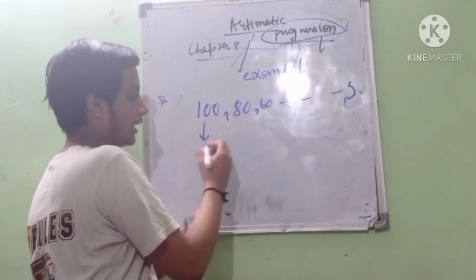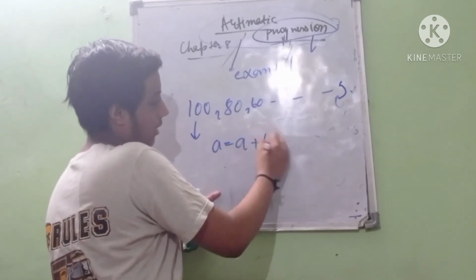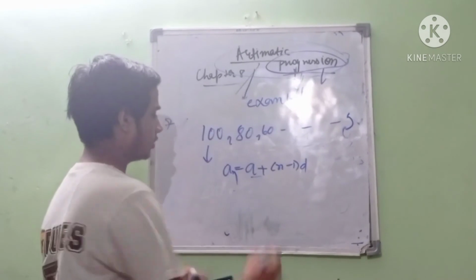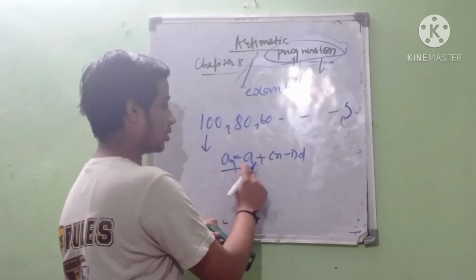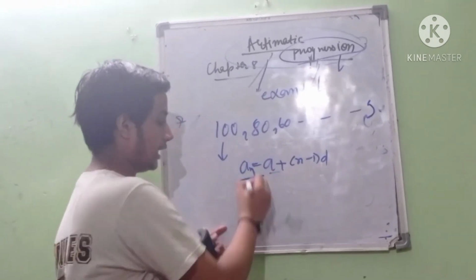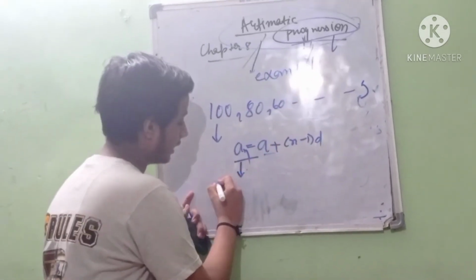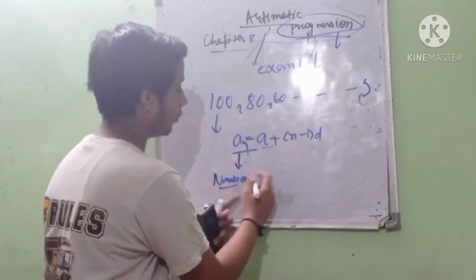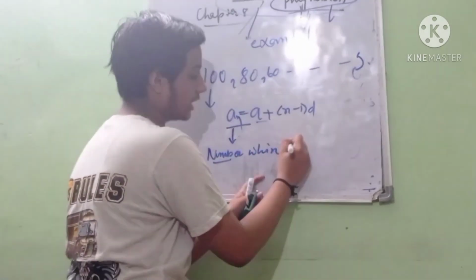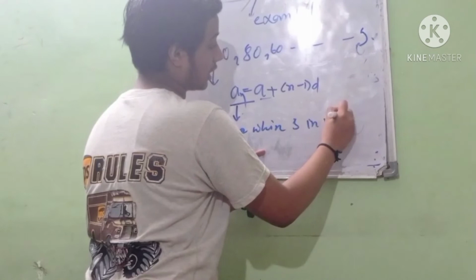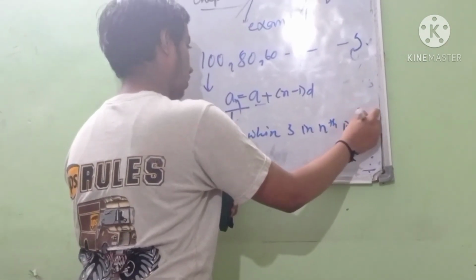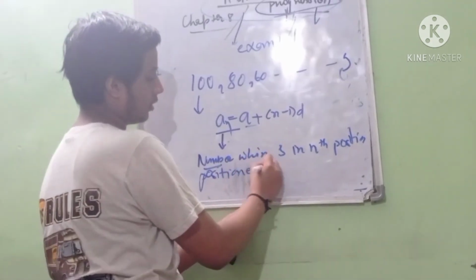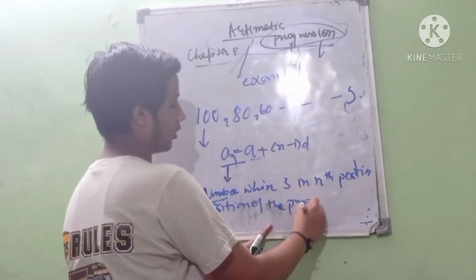So there is a formula, that is an is equal to a plus (n minus 1) d. Oh, you would be thinking. Let's start. Here an is the nth term, the number which is in the nth position of this progression.